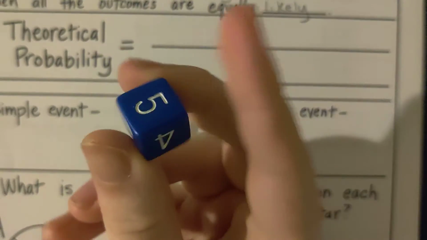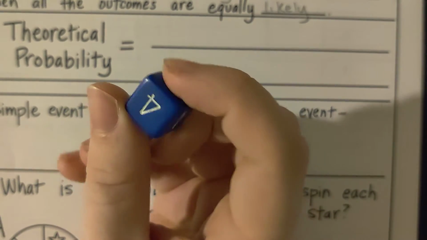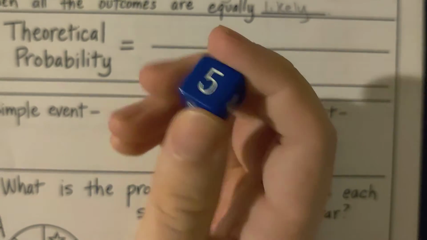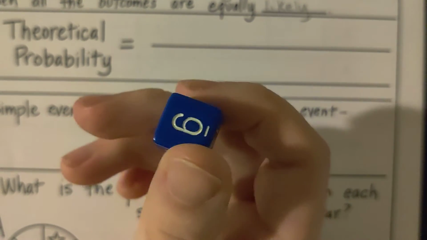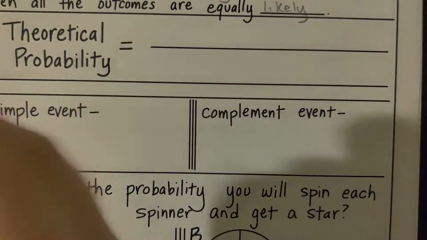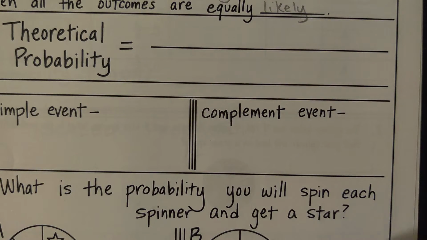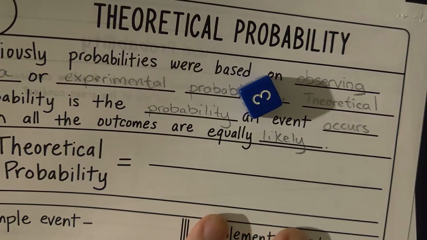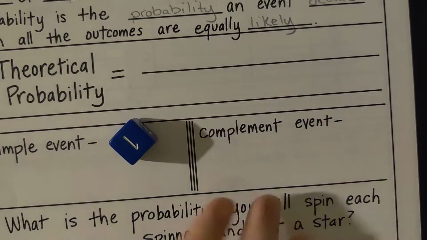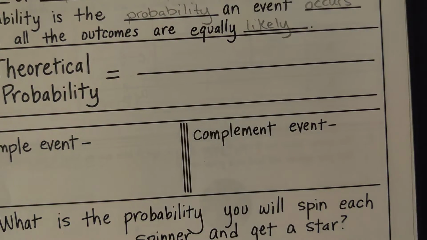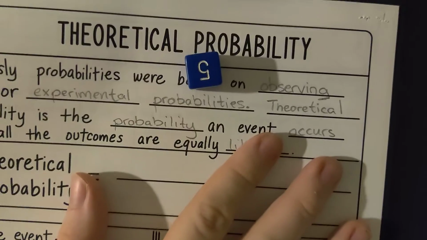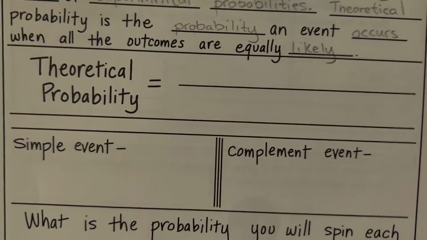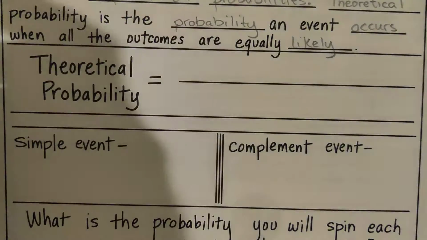You have two dice, but one die. You'll hear me say that a million times. So here we have a die, and we know that every outcome is equally likely. If I rolled, what am I going to get? There's no safe answer. I got a 3, right? Or a 1. Or a 5. And we know theoretically each of these outcomes is equally likely.